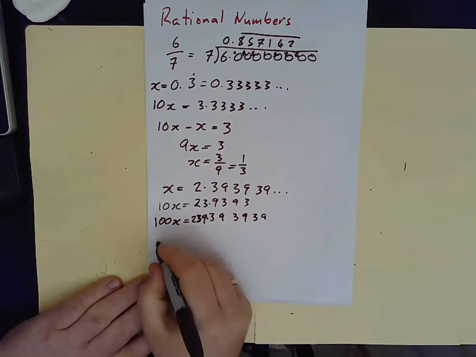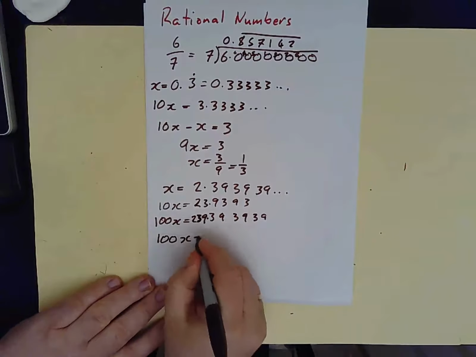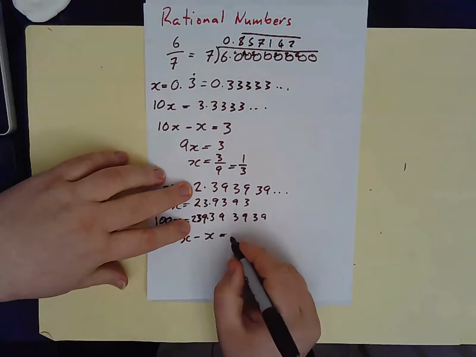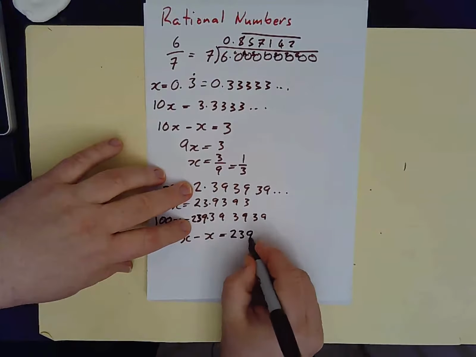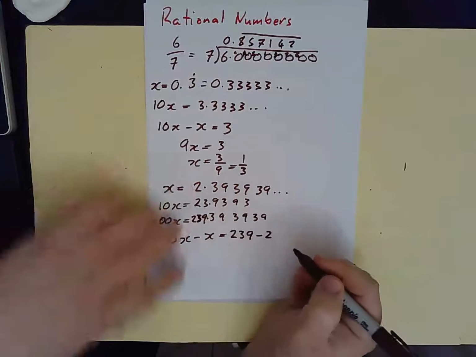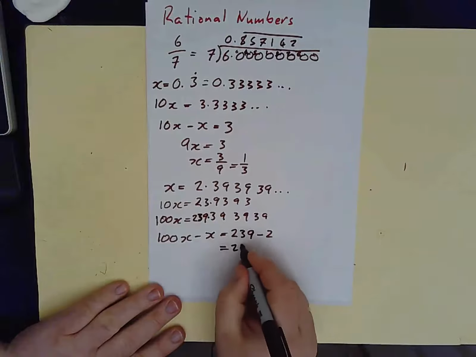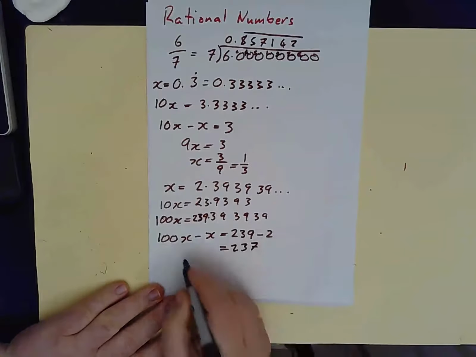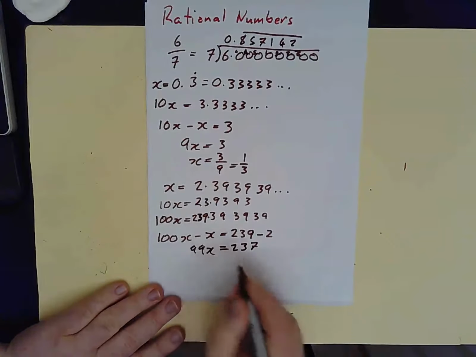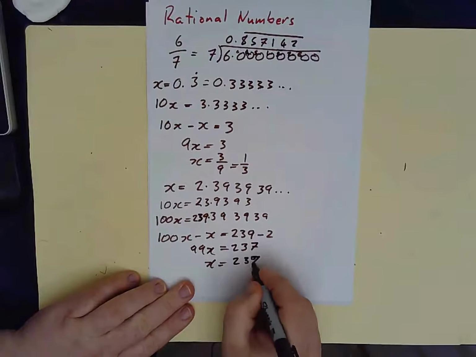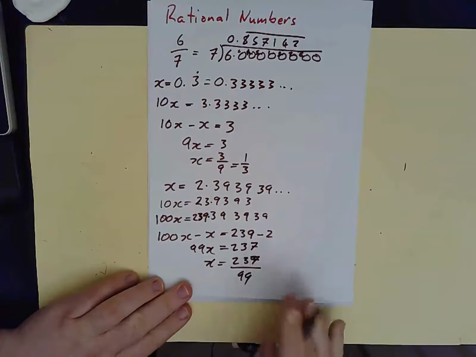I can do a subtraction, and 100x minus x equals, now if I minus these two, I'm going to have 239 minus my 2, and all the decimal parts will delete. So 237 equals 99x. So x equals 237 over 99.